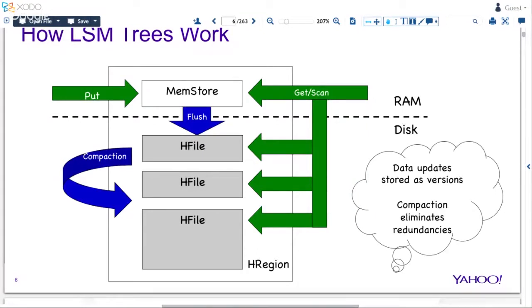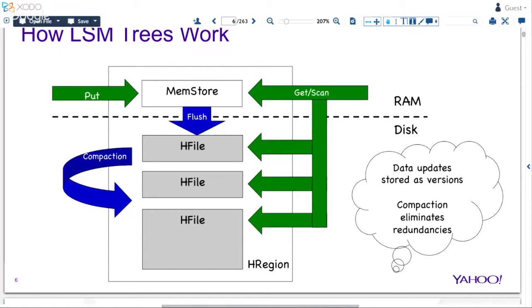There are bigger HFiles and smaller HFiles that are accessed by get or scan operations. So every get or scan, when it needs to pick some key or bunch of keys from HBase, has to access both the MemStore and the HFiles via the bucket cache.